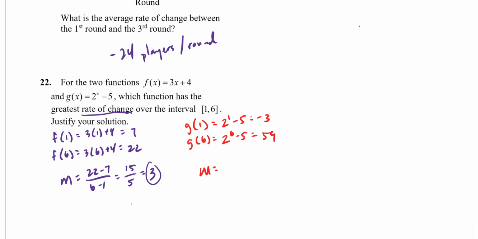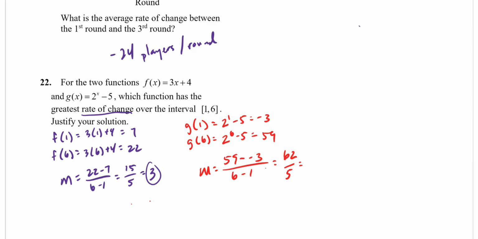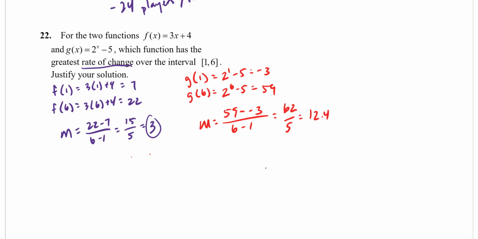So that change is 59 minus negative 3 over 6 minus 1. That's going to be 62 over 5. And 62 divided by 5 is 12.4. So which one has a greater rate of change?